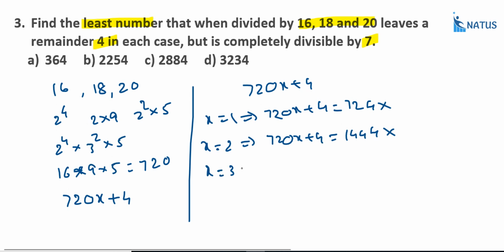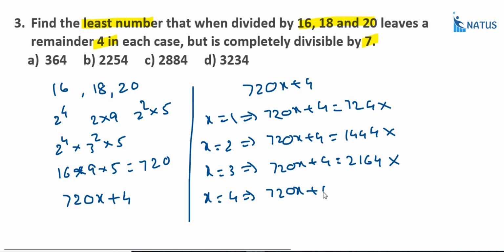If x equal to 3, then 720x plus 4 is equal to 2164, not exactly divisible by 7. Now if x equal to 4, then 720 into 4 is 2880, plus 4 is 2884. Now this is exactly divisible by 7.